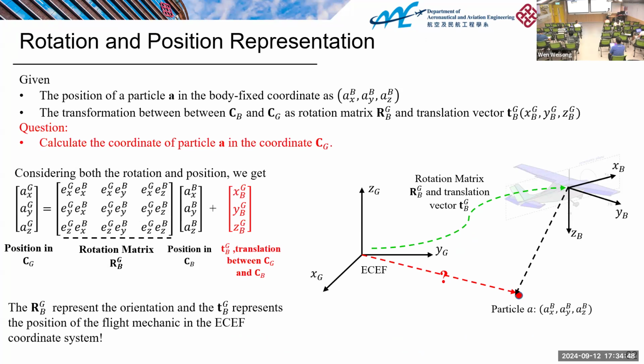As I mentioned, for two coordinates to perfectly overlap, you can do the translation and the rotation, or you can do the rotation first and then the translation. The rule here is that if you want to transform this point from coordinate B to coordinate G, we do the rotation first, then the translation.